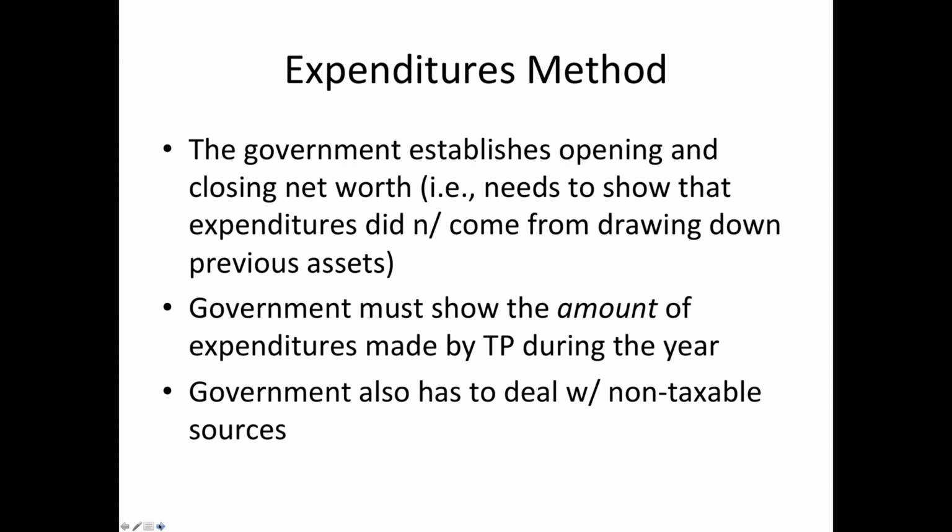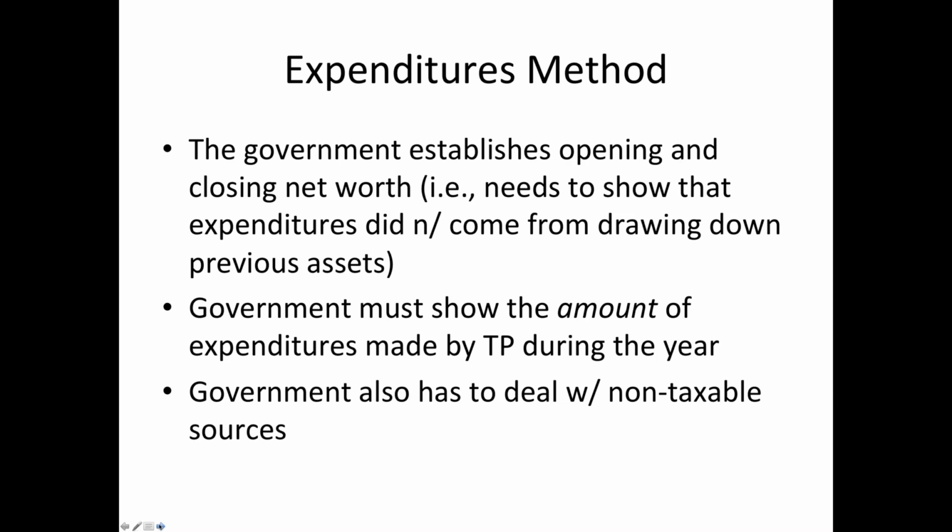The government essentially establishes opening and closing net worth just like it would in the net worth method. It needs to show that expenditures did not come from drawing down previous assets. So it almost infers that the government is expecting the defense to raise the argument that there were assets that were drawn down from previous tax periods.